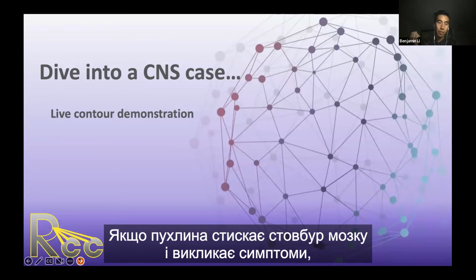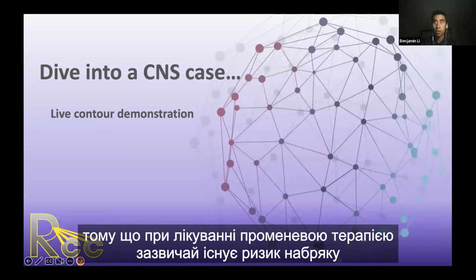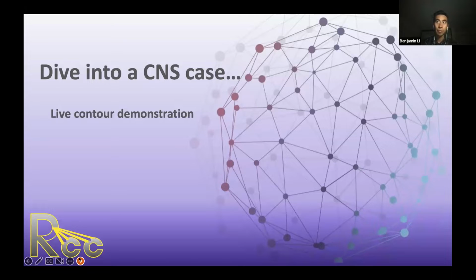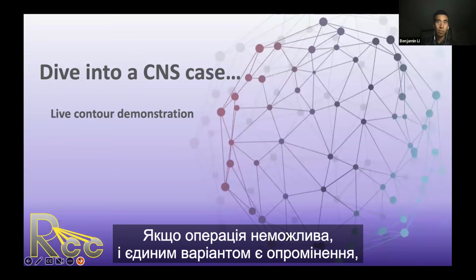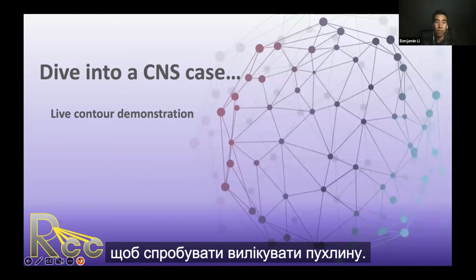If it's compressing the brainstem and it's causing symptoms, usually we recommend resection if possible, because when we treat it with radiation, there usually is a risk of swelling in the acute phase, and that swelling could worsen the symptoms. If surgery is not possible, radiation is the only option. Then the doctors will decide what dose and fractionation they want to do to try to treat it.